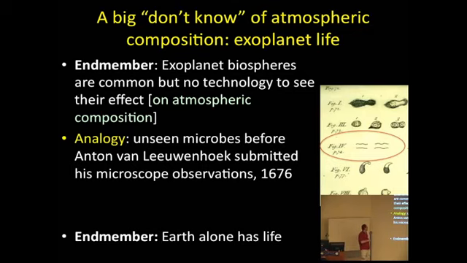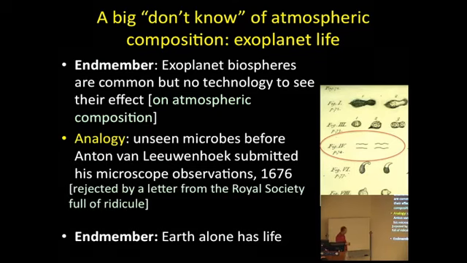An analogy might be microscopic observations, like the first ones done by Anton van Leeuwenhoek. Here are his diagrams, the first person to see microbiology, whereas previously it was completely unknown. And maybe exoplanet life is like that. By the way, his paper got rejected.